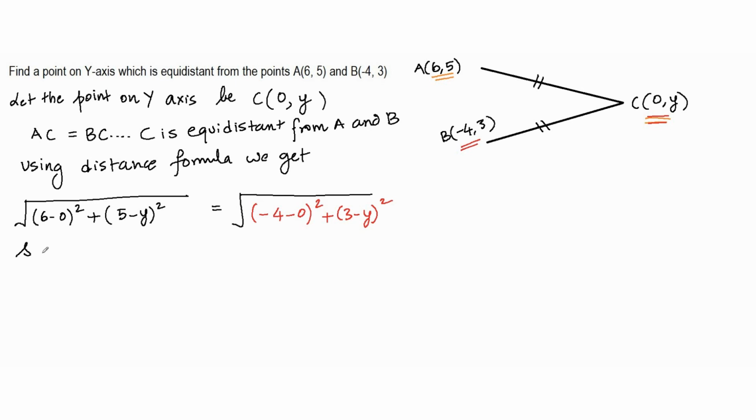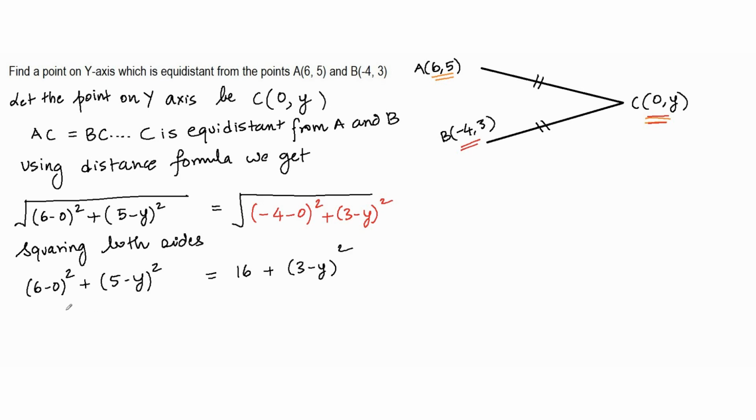And now I can say squaring both sides, I get (6 minus 0) the whole square plus (5 minus y) the whole square is equal to (minus 4 minus 0) the whole square, which is 16, plus (3 minus y) the whole square. And now I can expand all the terms.